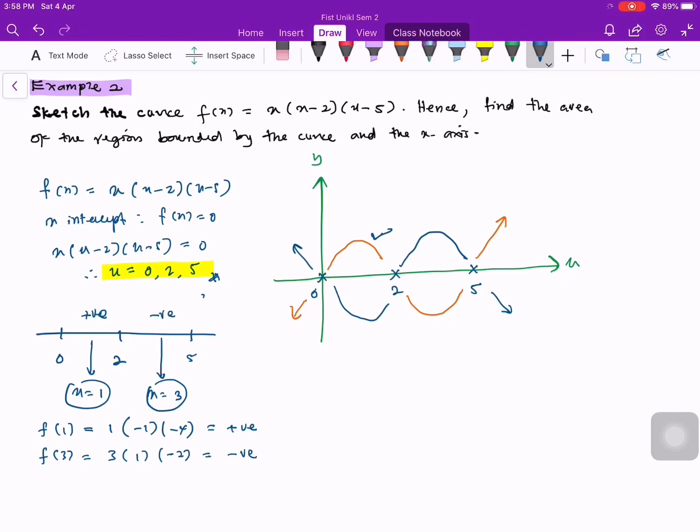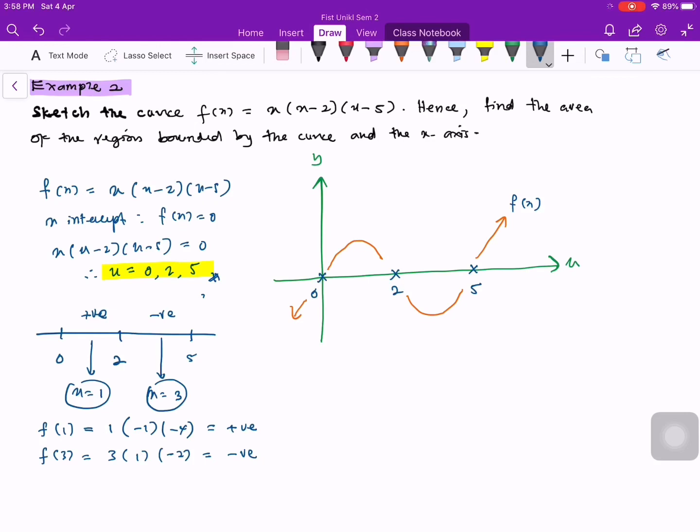So negative means that kita akan pilih yang berada graf yang berada di bawah. So therefore graf yang terbentuk dekat sini adalah, okay, so graf kita adalah merupakan bentuk ni. Okay, so this is the graph that we are looking for fx. So yang ini adalah merupakan graf fx untuk function x times x minus 2 times x minus 5.